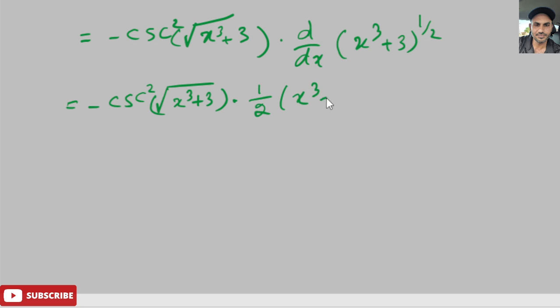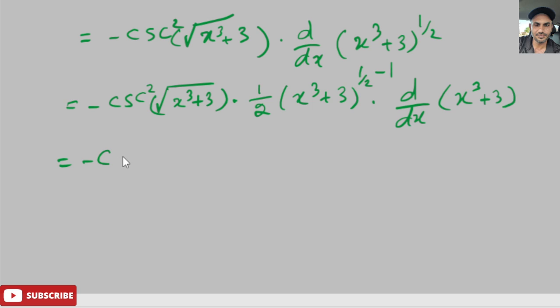We have x cubed plus 3, and we subtract 1 from the 1/2, and then we take the derivative of the inside function. So the inside function is x cubed plus 3. Okay, so I just wrote the derivative of x cubed plus 3. I will take the derivative in the next step.